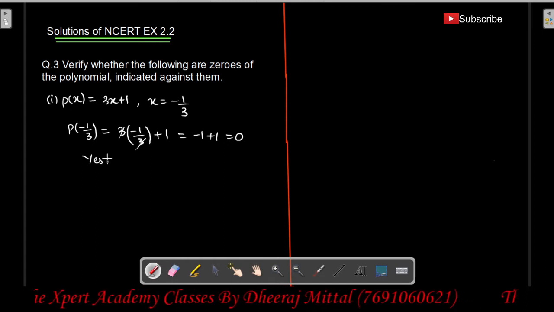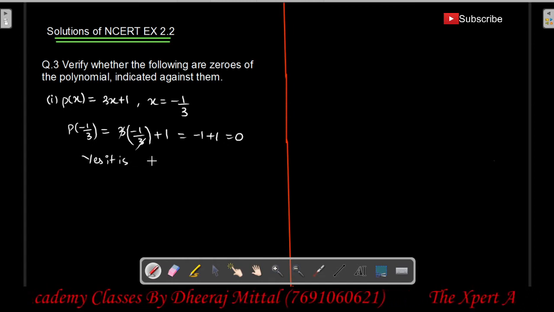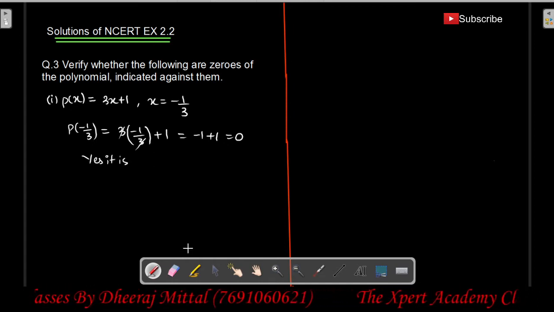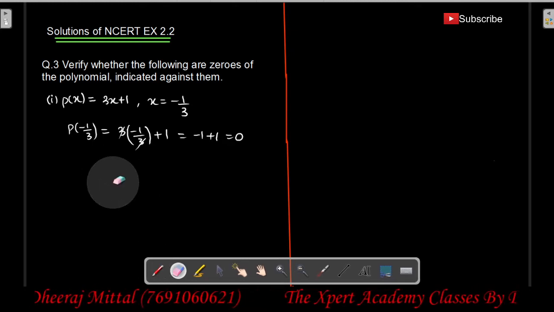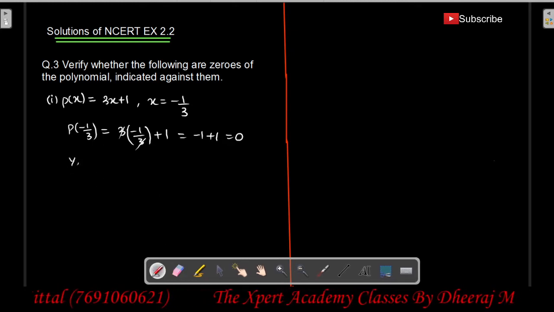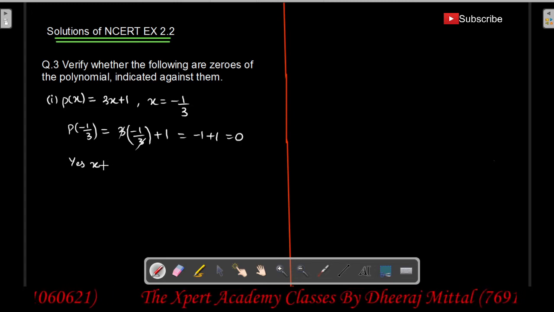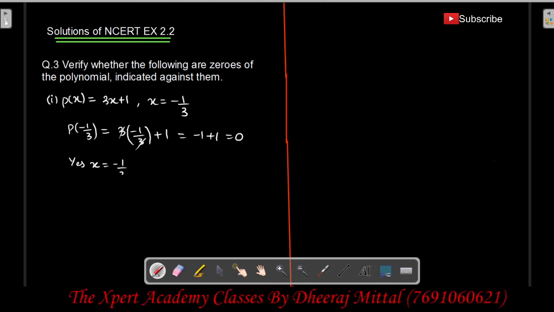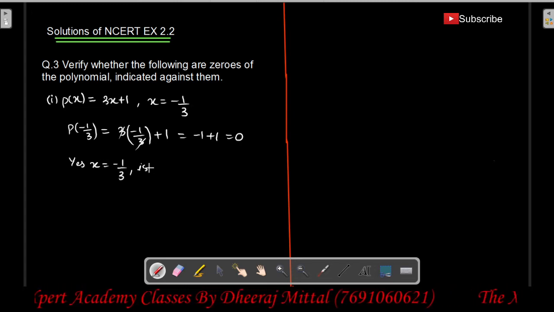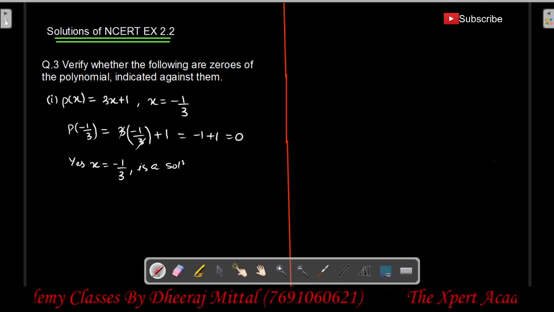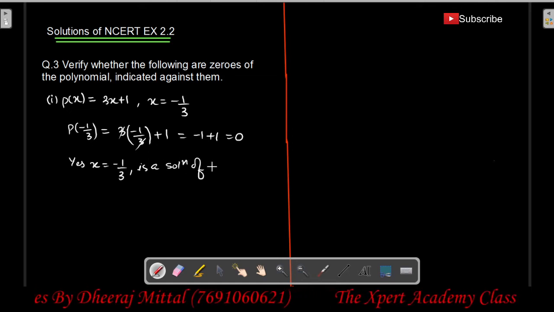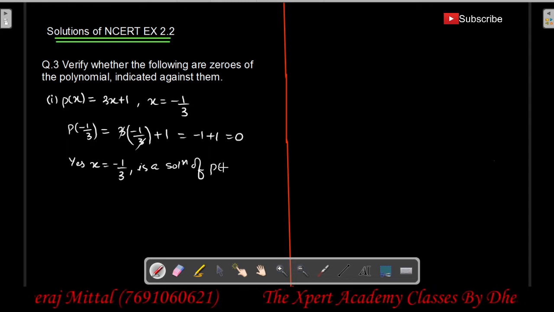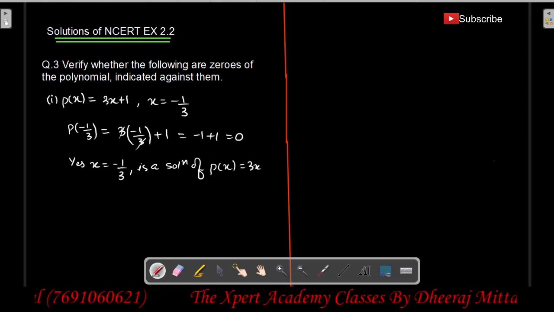Yes, it is a solution. x is equal to -1 divided by 3 is a solution of p(x) is equal to 3x plus 1.